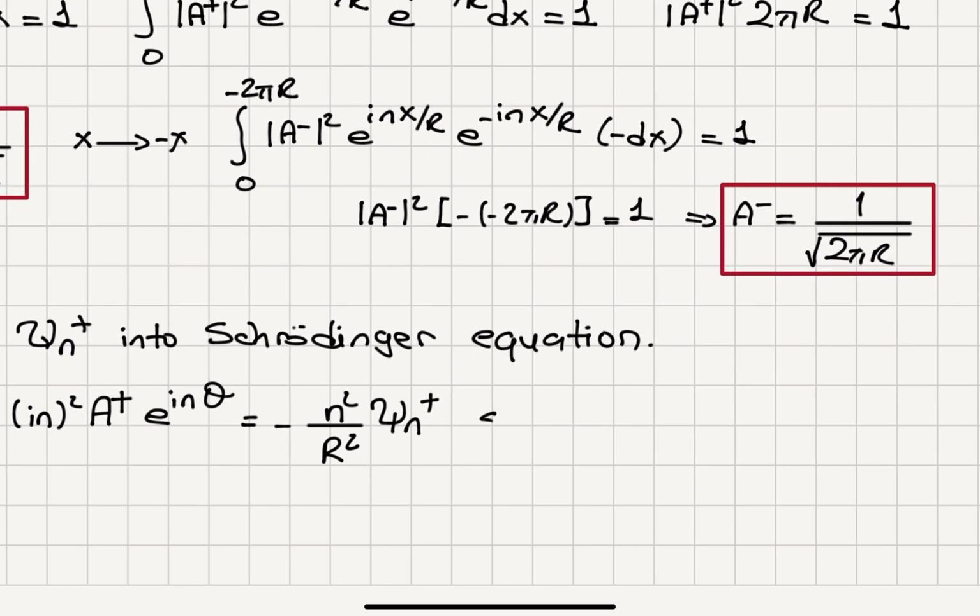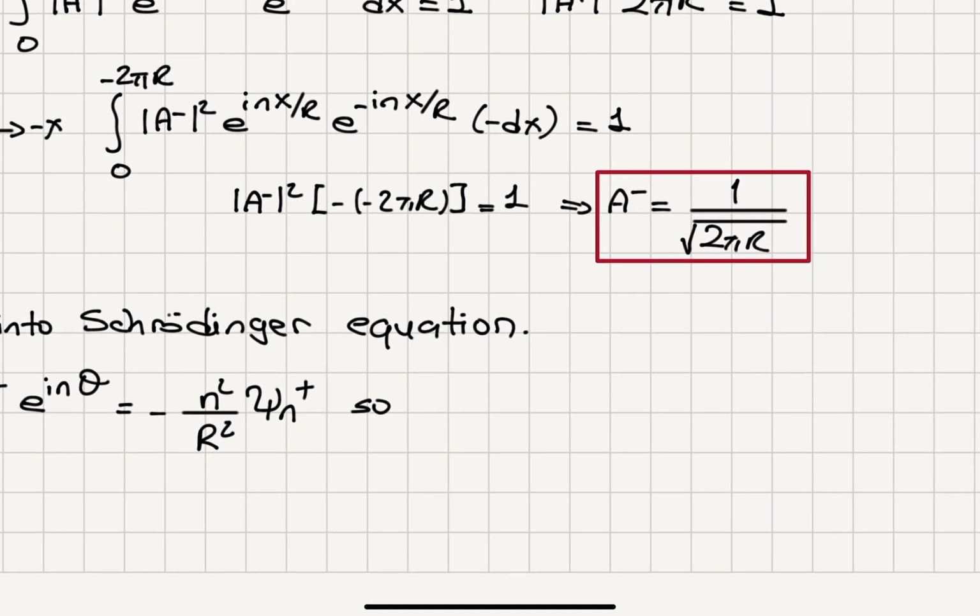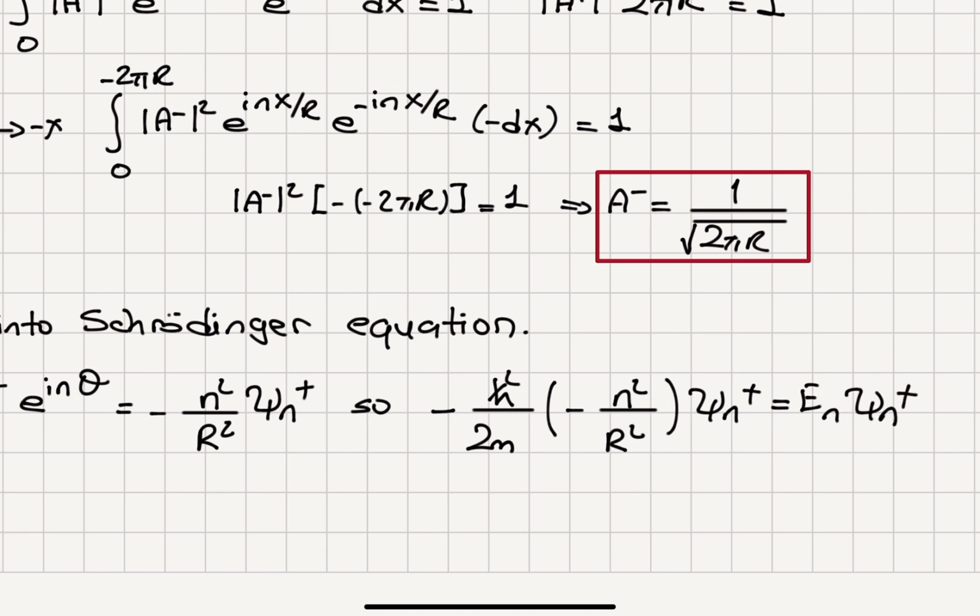So when I substitute into Schrödinger's equation, minus h bar square over 2m d square psi dx square, which is minus n square over capital R square multiplied with psi n plus, is equal to energy times psi n plus.